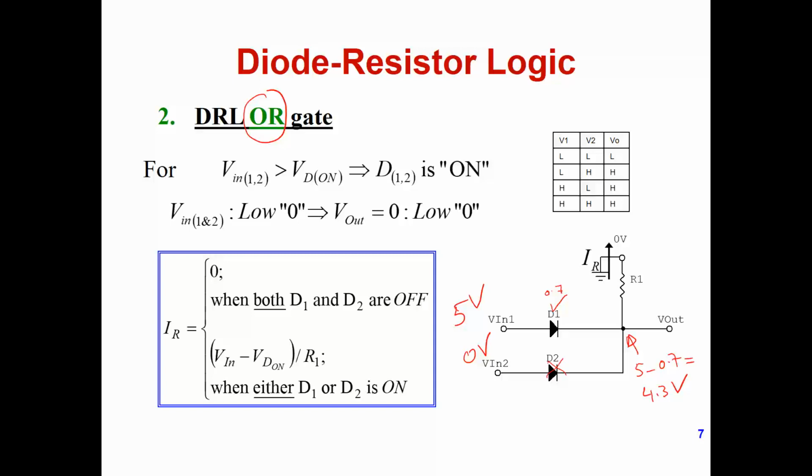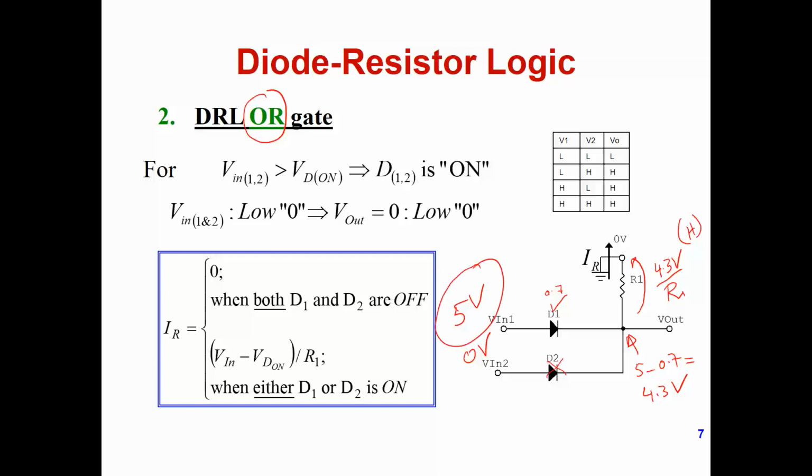And now I can see there is a current that flows across this resistor, which equals 4.3 volt divided by the value of the resistor. Okay, and we will consider this as a high voltage.